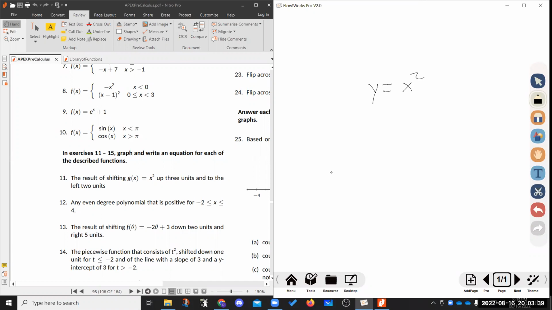So it just wants us to graph one that's restricted. -2 squared is 4. 0 squared is 0. -1 squared is 1. 1 squared is 1. 2 squared is 4. 3 squared is 9. And 4 squared is 16. It's way up here.